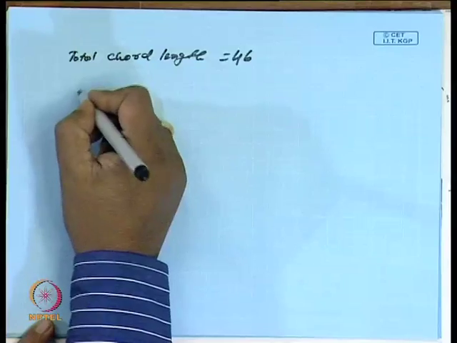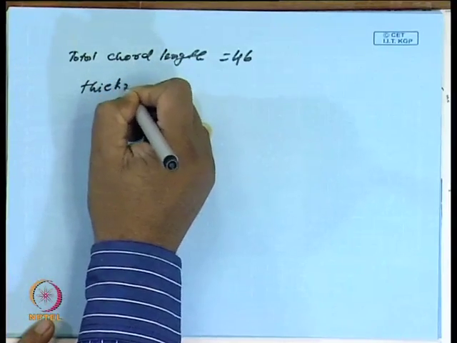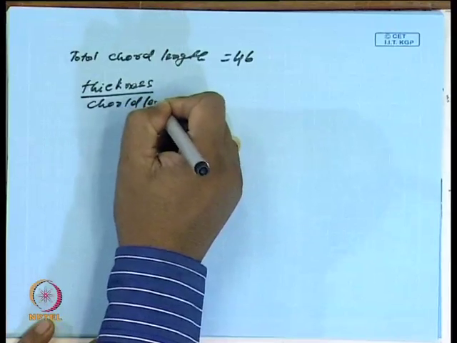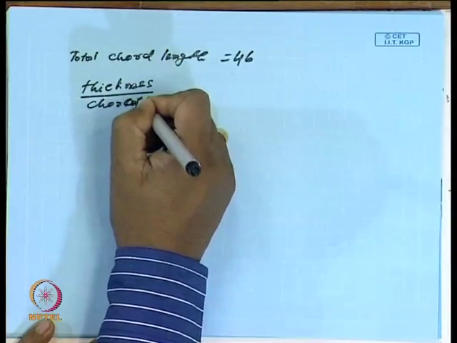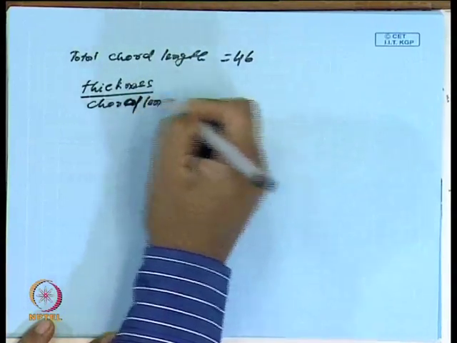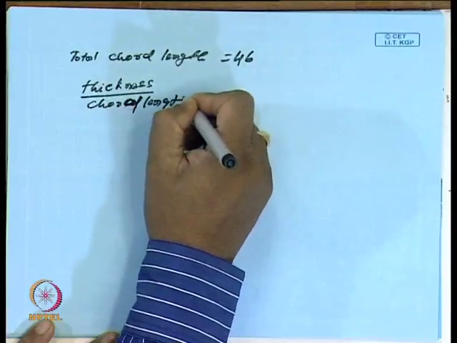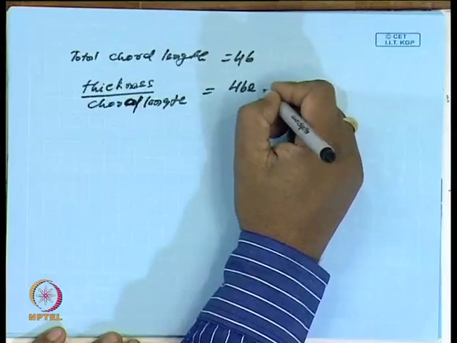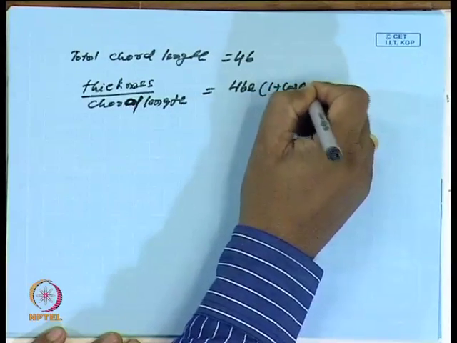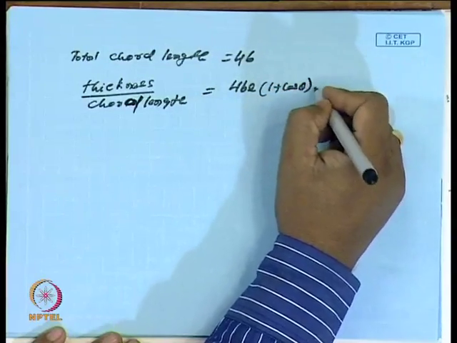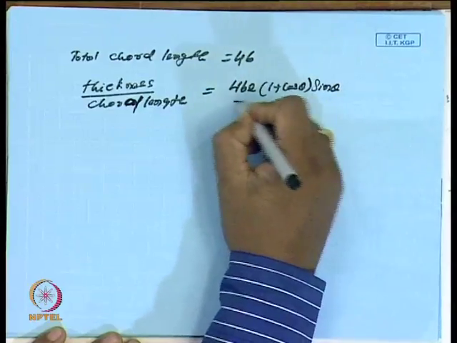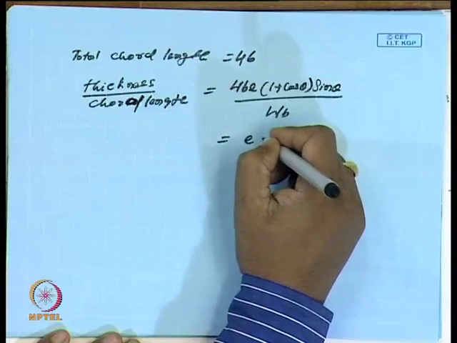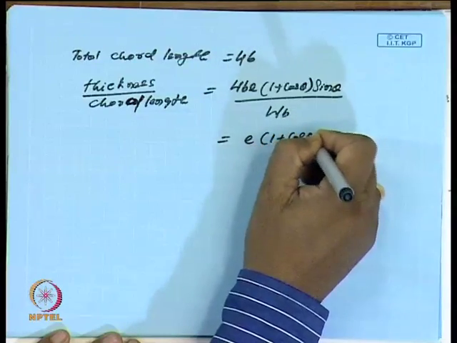If I say the thickness to chord length ratio, that will be 4be into 1 plus cos theta into sin theta divided by 4b, that is nothing but e into 1 plus cos theta into sin theta.